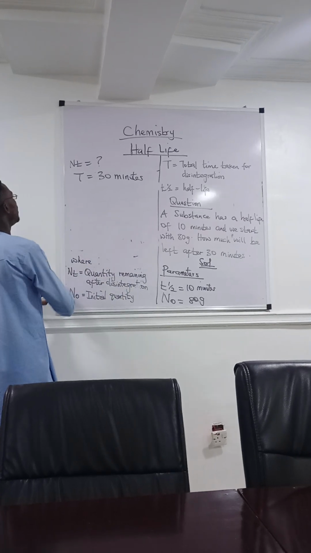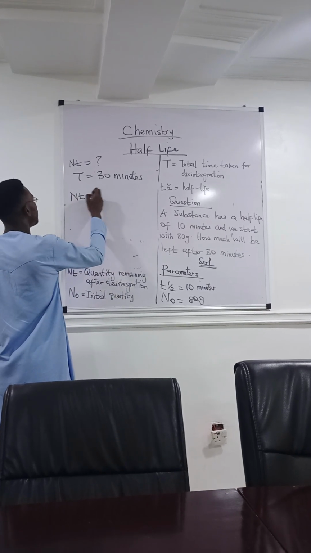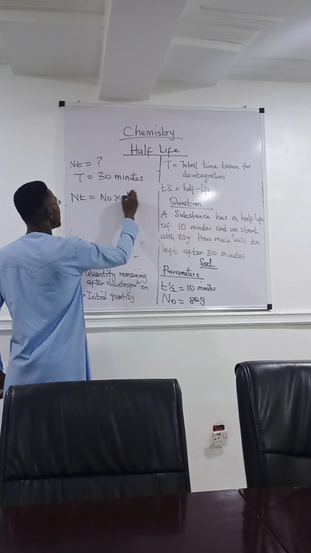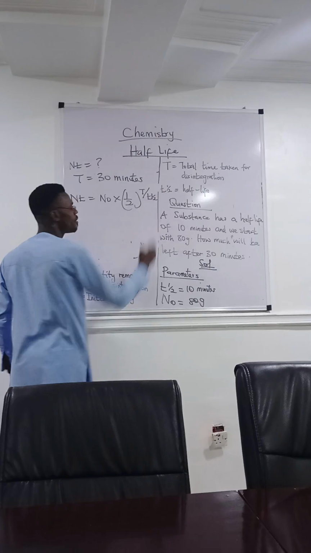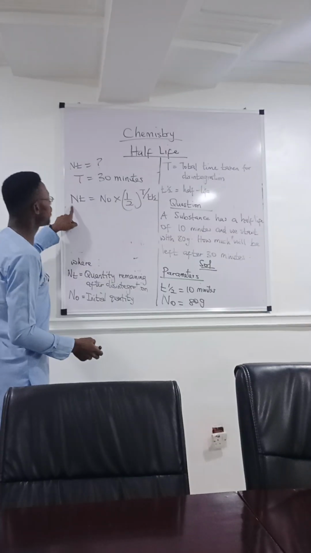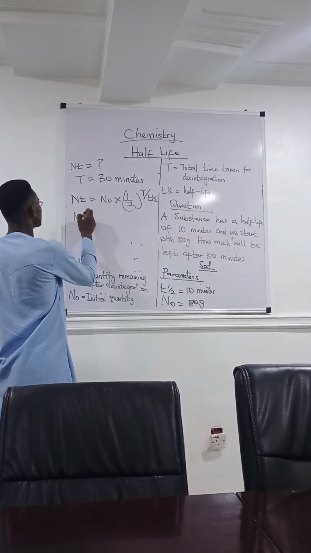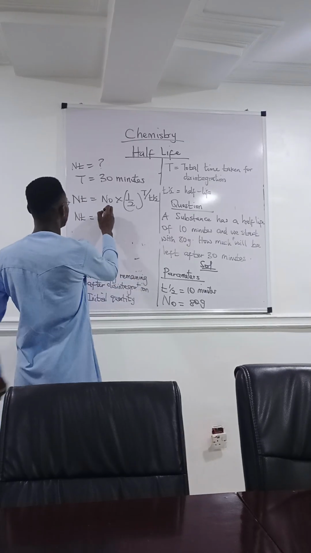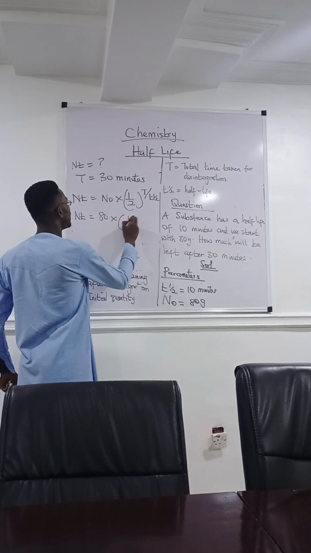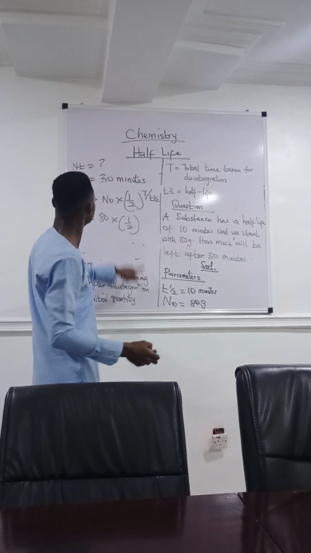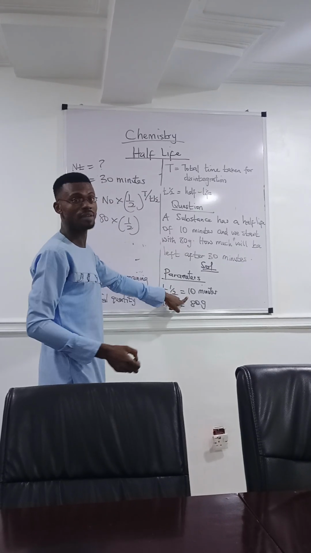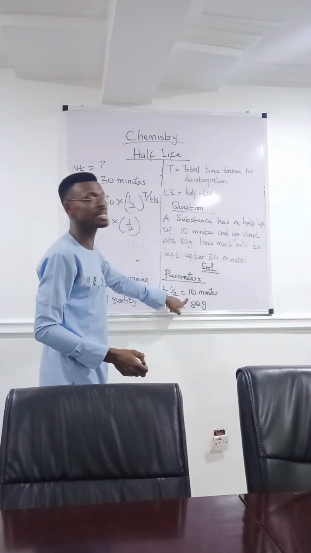Now let's apply this in the formula. Nt equals N0 times (1/2) raised to power t over half-life. What is my Nt? That's what I don't know. My N0 is 80 times (1/2) raised to power t divided by half-life. My t is 30, and half-life is 10, so 30 divided by 10 gives me 3.